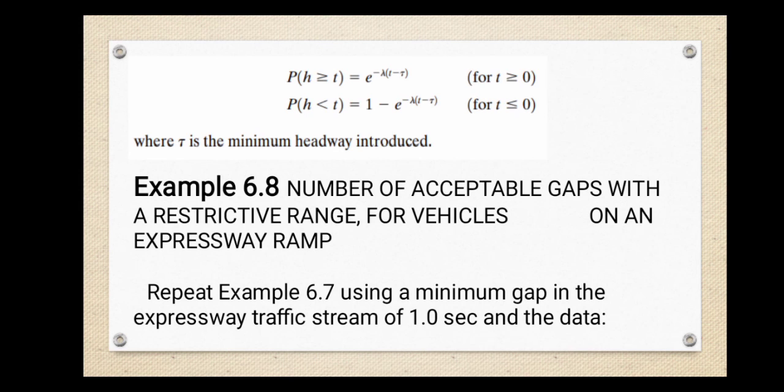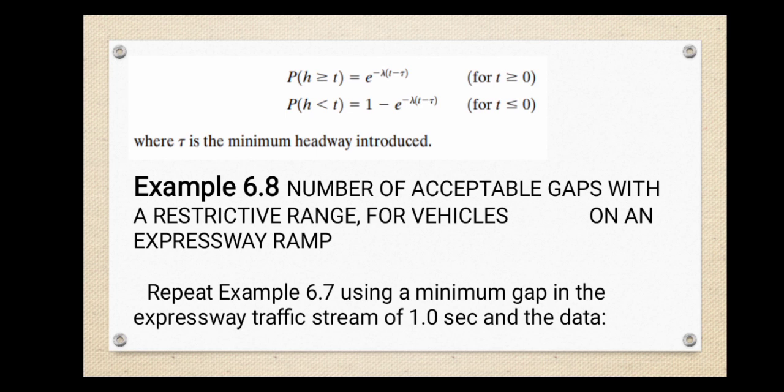So equations 6.54 and 6.55 can then be written as these two formulas, where t is the minimum headway introduced. So example 6.8, number of acceptable gaps within a restrictive range for vehicles on an expressway ramp.